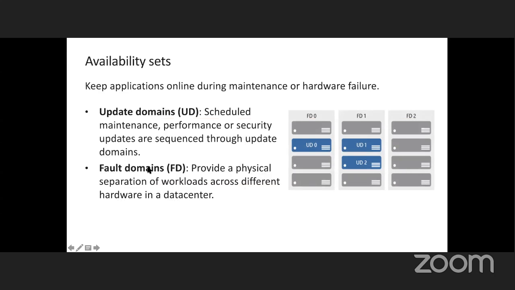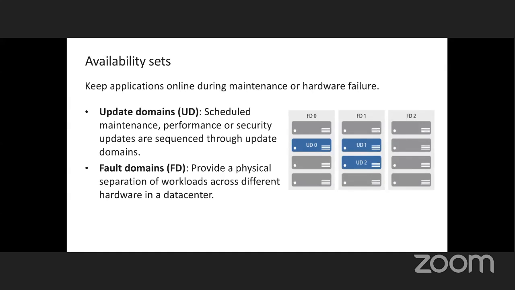Okay, this is for fault tolerance, right? To keep your application running. This is a little different concept when it comes between AWS and Azure. AWS doesn't use availability sets, but Azure does. And inside availability sets, we have update domain and fault domain.